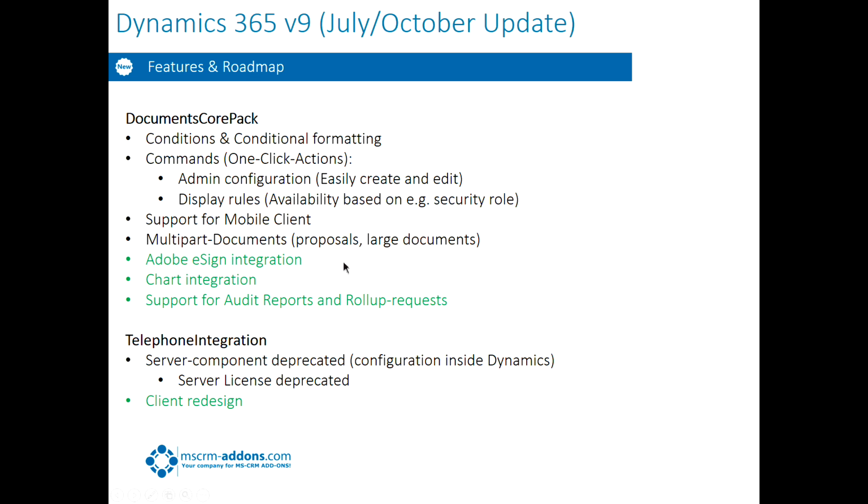Some of the things that are planned that are coming up is Adobe eSign integration. We already have AssureSign and DocuSign. We will be adding Adobe eSign as well. Chart integration. Before you get too excited, this is not Excel data. You can't use your Excel data and import that.